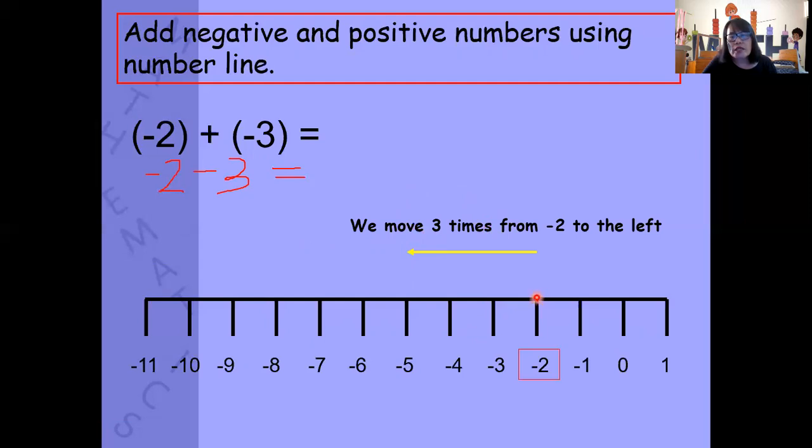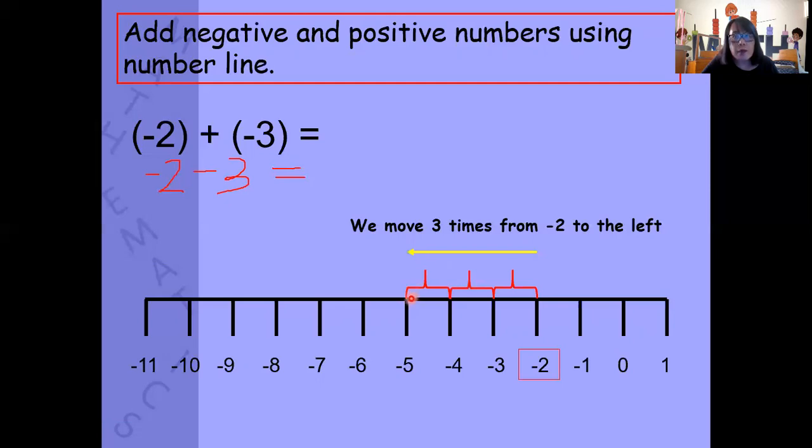So let's go to the starting point, which is -2. Let's count 3 times to the left. Okay, 1, 2, and 3. I need to stop now, because we will move only 3 times from -2 to the left.